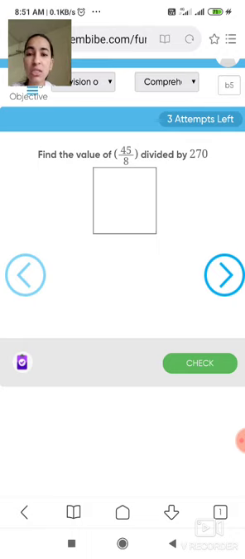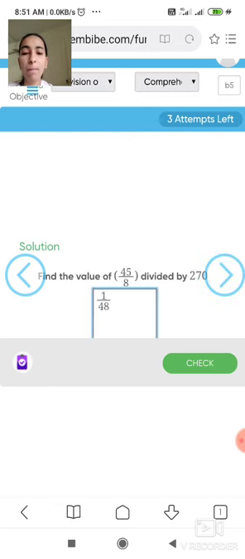What is the second fraction? The second fraction is 270, because 270 can be written as 270 upon 1, and the reciprocal of that will be 1 upon 270. We only interchange the numerator with the denominator and the denominator with the numerator. That is called the reciprocal. So the answer for that will be 1 upon 48.